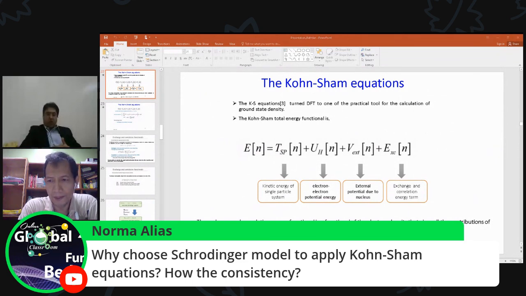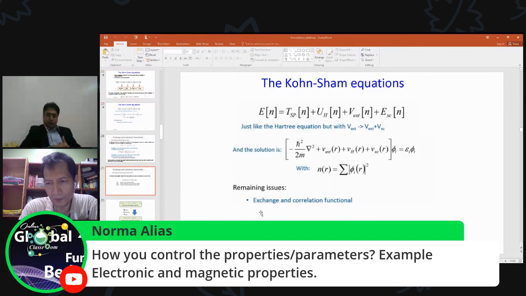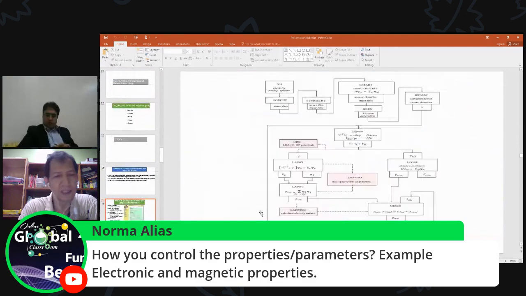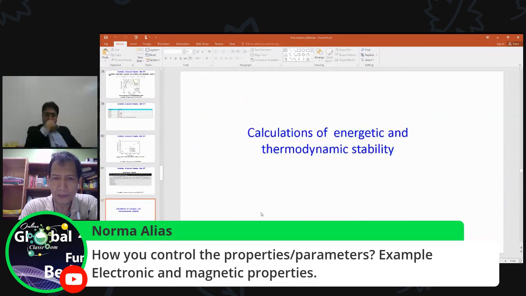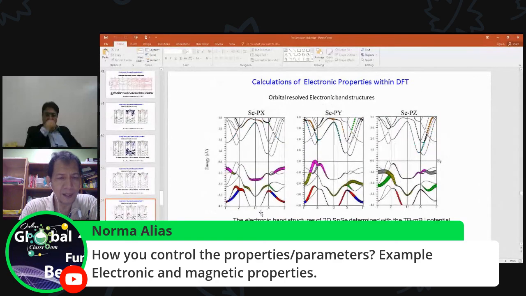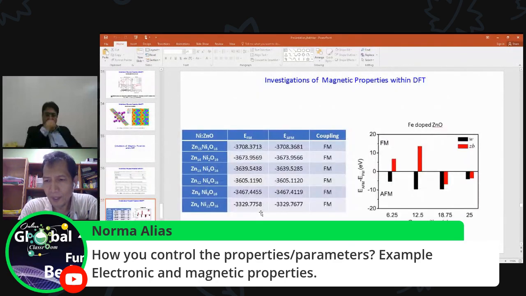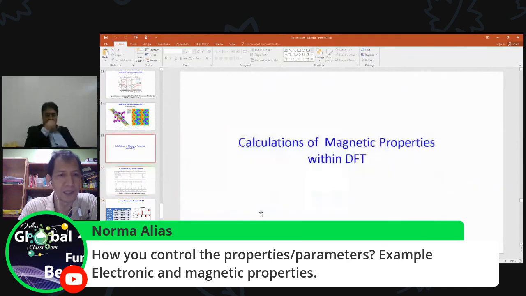Okay. Another question. How do you control the parameters, or how do you control the properties, for example electronic and magnetic properties? If I understand correctly, maybe it means how you control accuracy when you calculate.